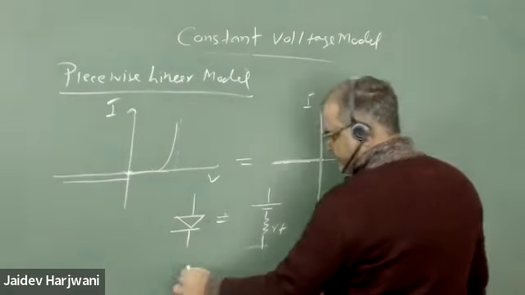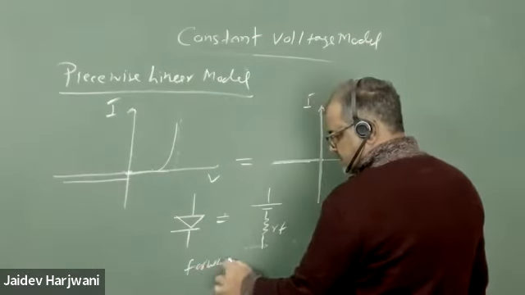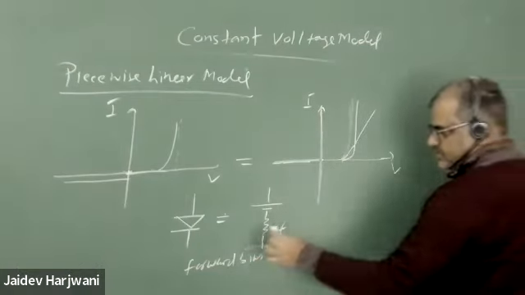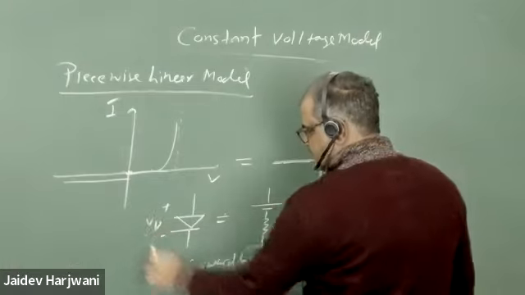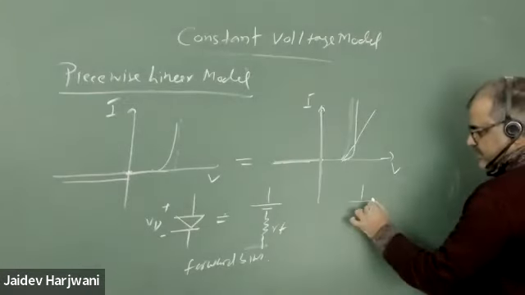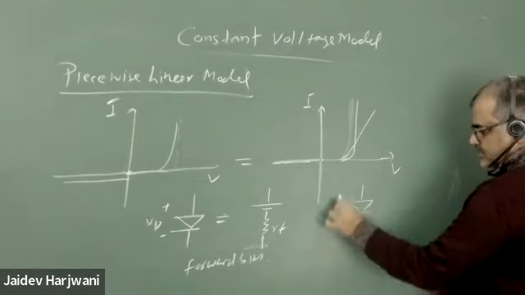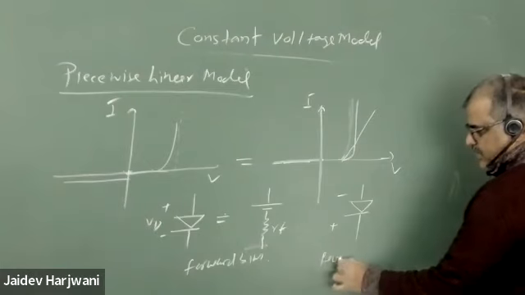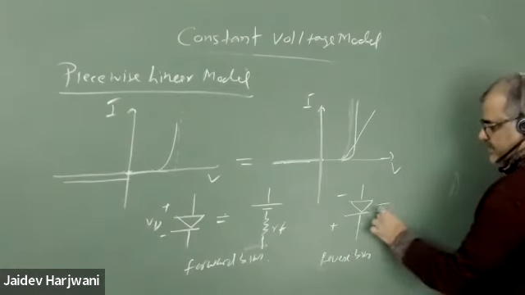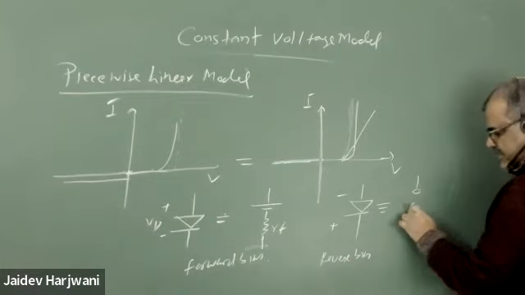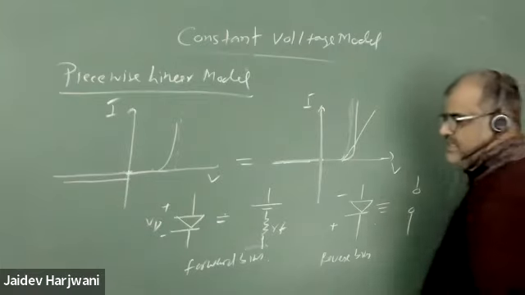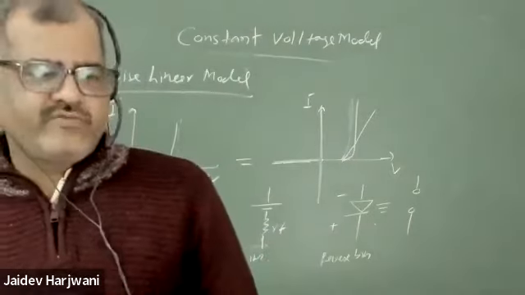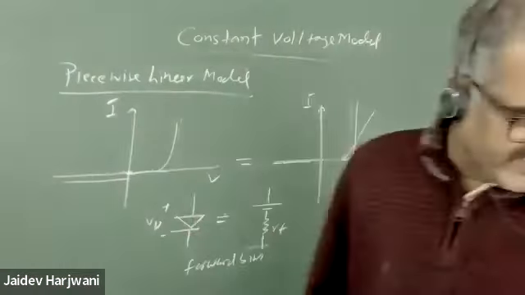And in reverse bias, you can again replace it by an open circuit, or if a very high resistance is given in the question, then you can replace it by that high resistance, otherwise an open circuit.